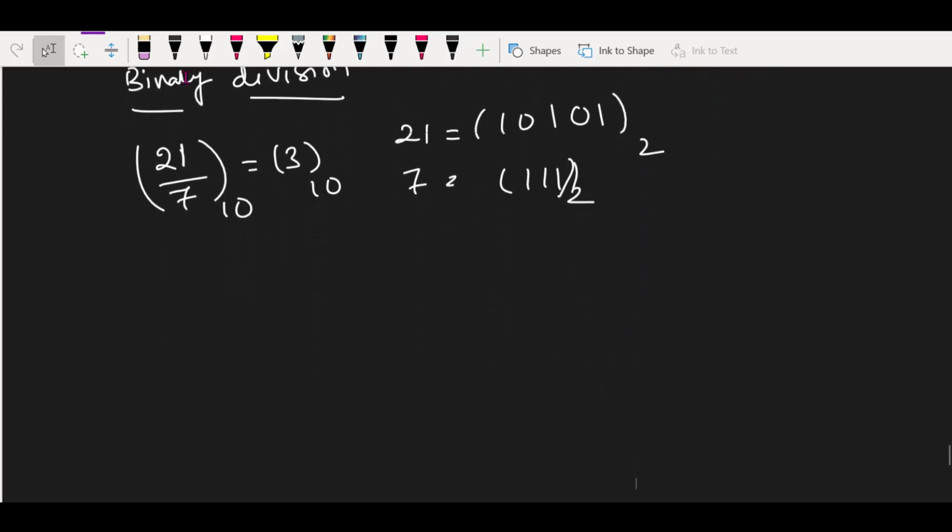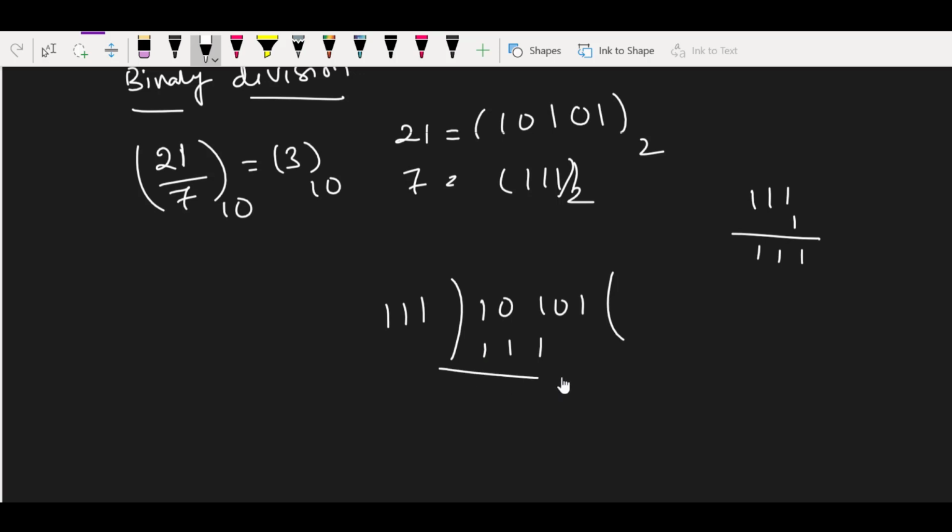So let's take 10101 with 1. If you multiply one time, it becomes 111. So if you look at the 3-digit value, 101, it is nothing but 5, but if you look at the bottom value, it is 7.